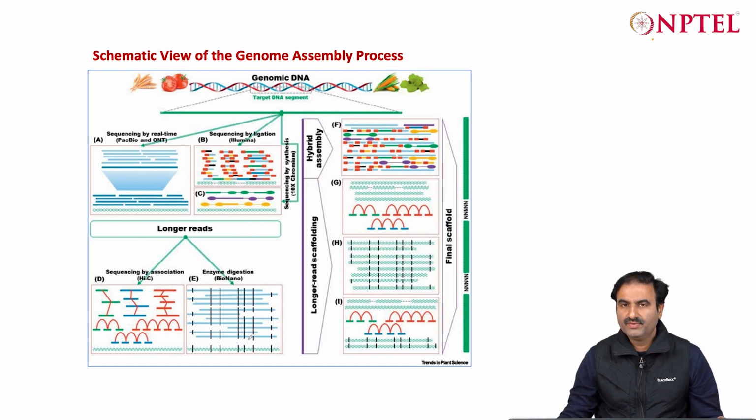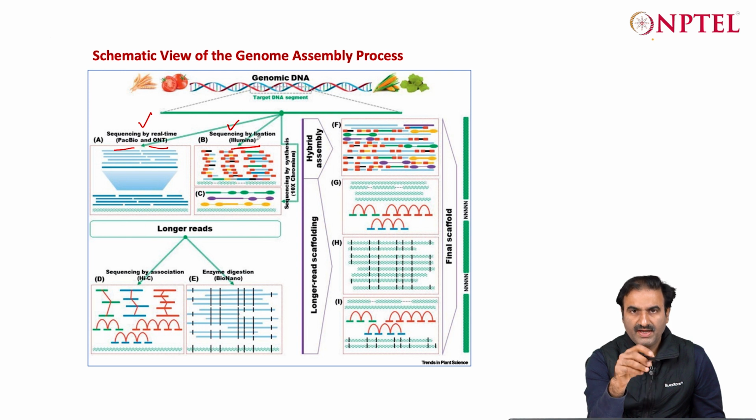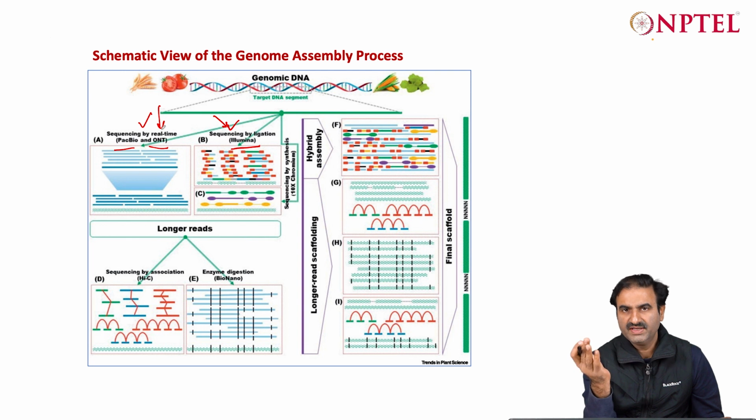So the overall summary remains: you have long read and short read. Long read is by PacBio and ONT, Oxford Nanopore Technologies, and short read by Illumina, right? And there will be algorithms, software or tools for assembly which deal with either the short read or the long read, and there are some tools that deal with hybrid assembly, but for that you need to do the assembly separately, preferably, right?